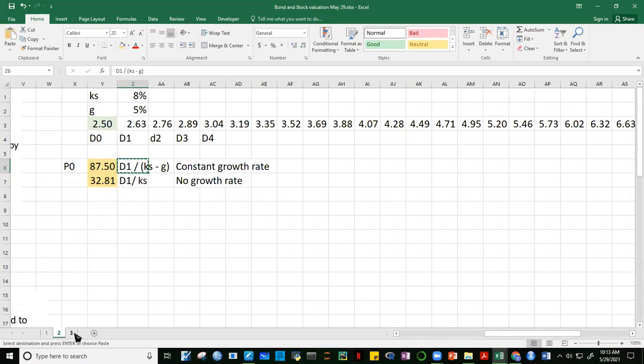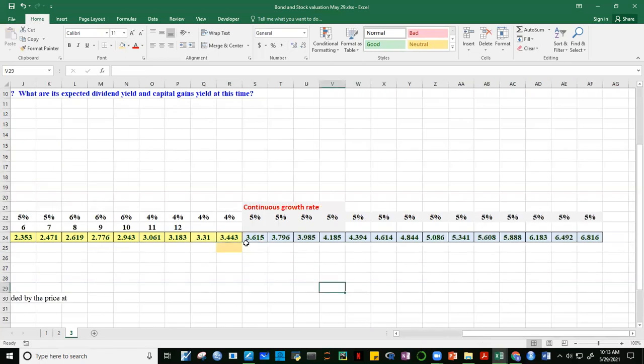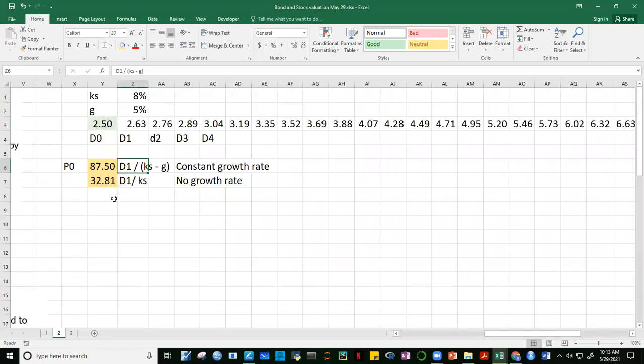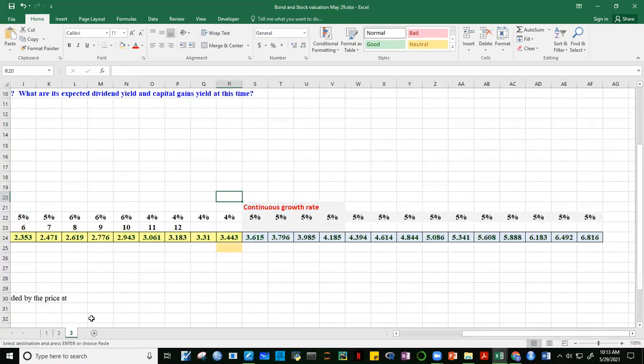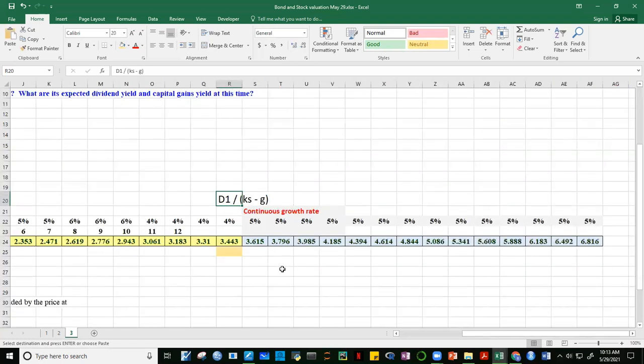We said mathematics can prove that. This is D sub 1 over K sub S minus G. D sub 1, guys, is where the constant growth rate starts. Assuming this is time 0, this will be time 1.